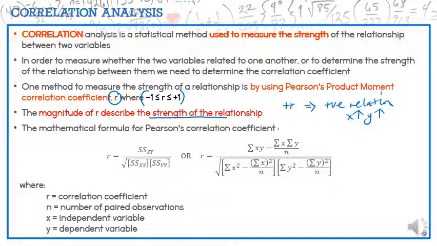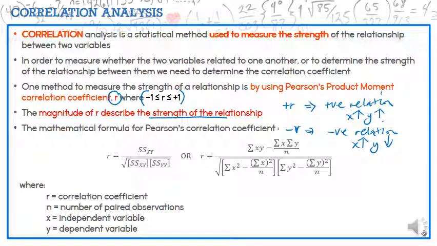And a negative R indicates a negative relationship, where as one variable increases, the other one will decrease.